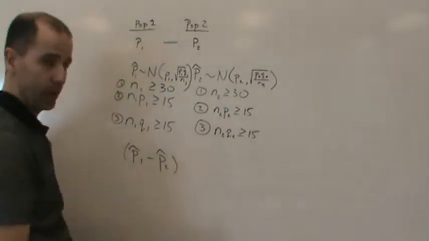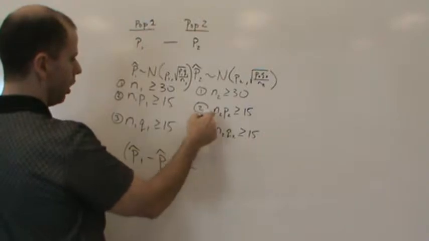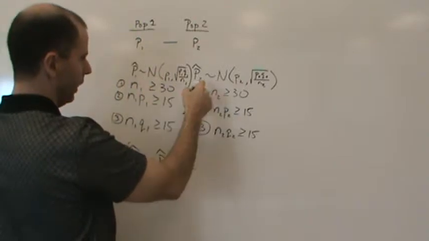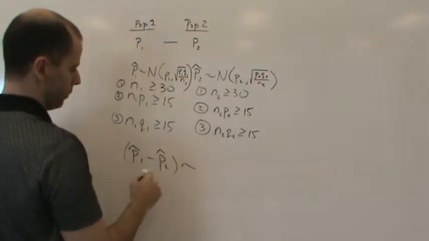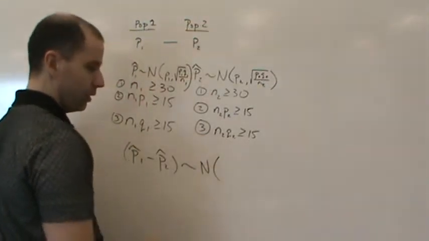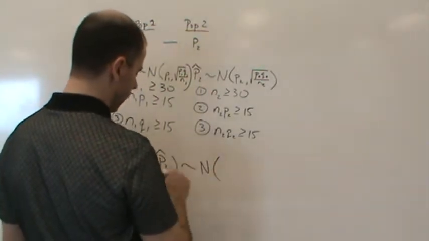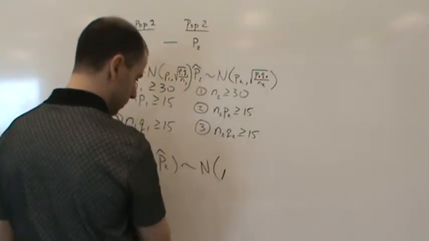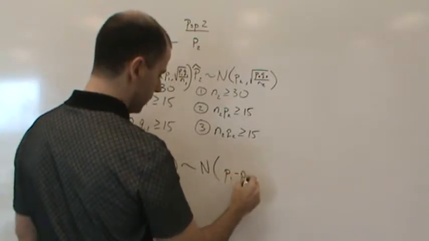Well, and again, I'm not going to derive this, but it comes as no surprise that if all of these conditions are met, then the distribution of P1 hat is normal and the distribution of P2 hat is normal. So if I subtract those two distributions, the difference is also going to be normal. And what are the parameters for this normal distribution? Well, the mean of P1 hat minus P2 hat is going to be P1 minus P2.